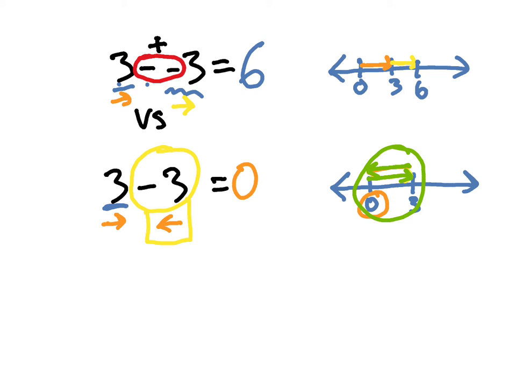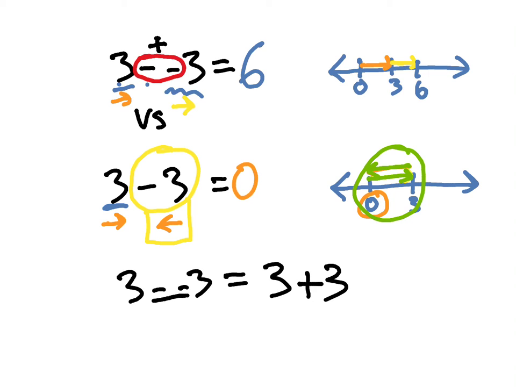Okay, they combine to give me a plus. So in other words, 3 minus negative 3 is the same thing as 3 plus 3. Okay? Subtracting a negative, like we're doing here, is the same thing as adding a positive.